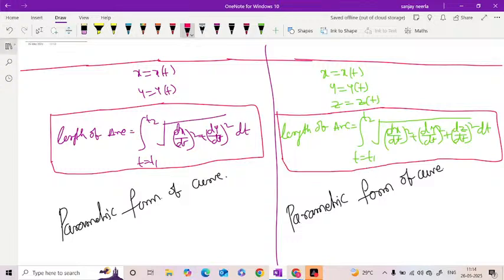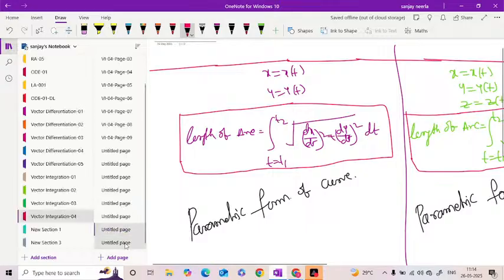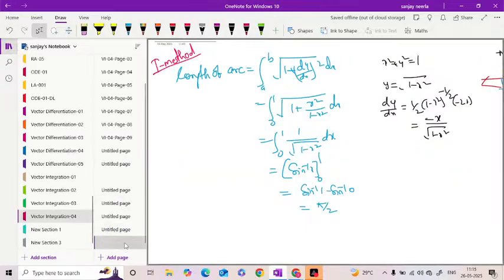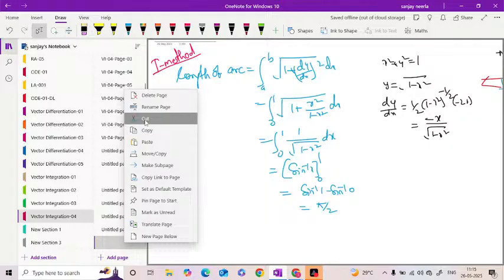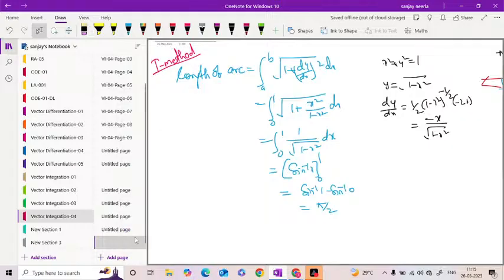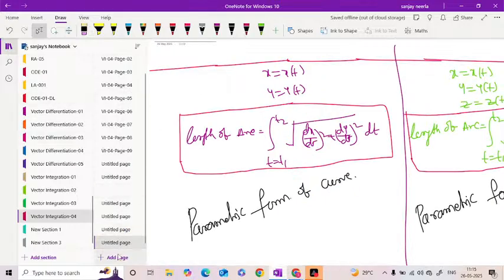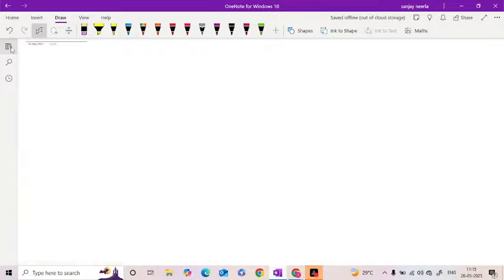Now come to the first problem in this line integral. I think we have seen a few problems in the previous class. Now we will see a few more problems.